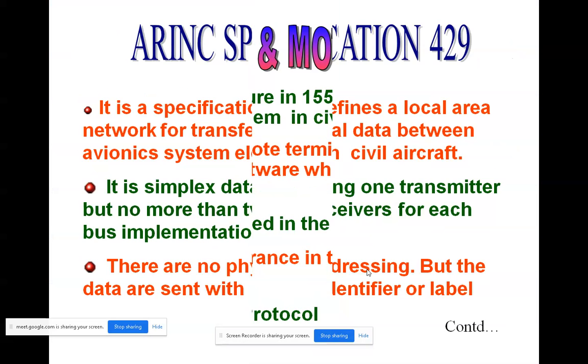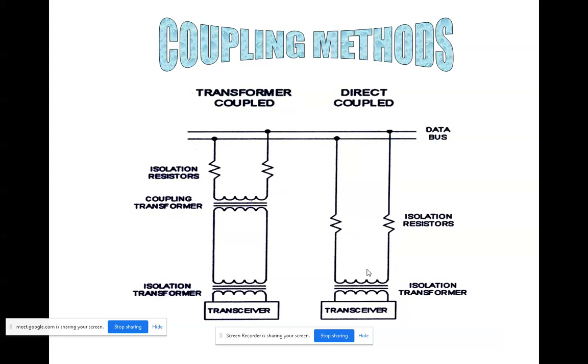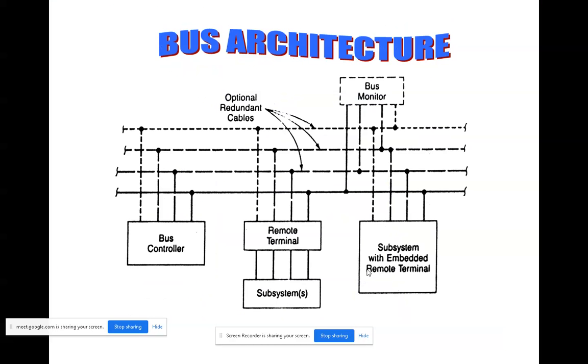But in the military standard, see, this is the military standard bus structure. Here you have a bus controller and remote terminal, and only then do you connect with your data bus, using the bus controller and remote terminal.